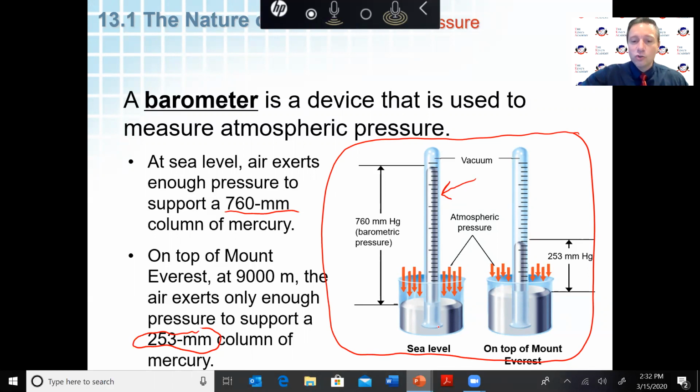And then they have some sort of a dish, which is represented right here, with mercury already in it. And then they carefully take it and tip it into that mercury dish, not allowing any of the mercury from the column to come out. What happens is the mercury gets trapped, and what gravity does is pull it down, creating an area up here that is a vacuum. There are no air particles.